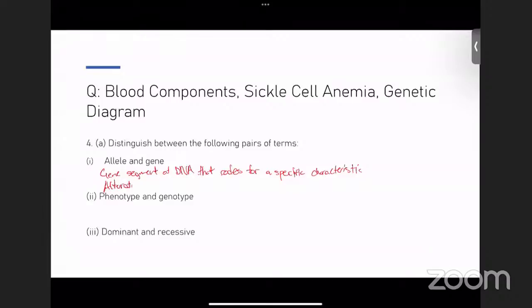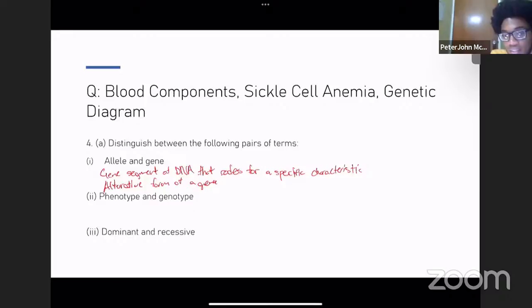Perfect. So that's it, that's literally just what an allele is. It's just a different form of a gene. There's not much to this stuff.